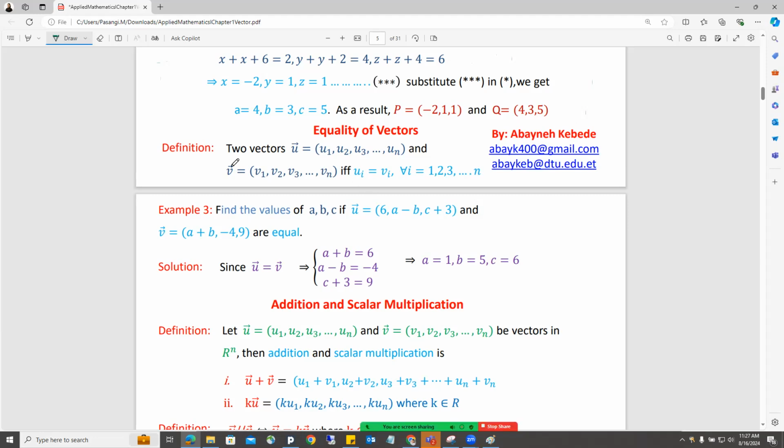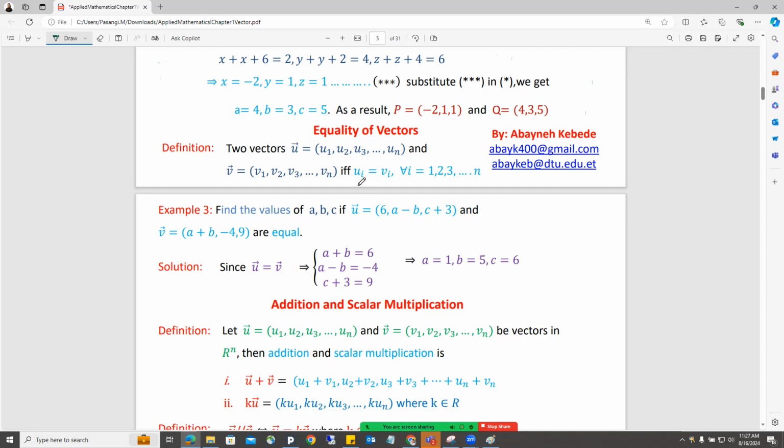So here the definition of two vectors. They have defined these two vectors u and v, where for u they have taken n arbitrary spaces, and for the vector v also they have considered n arbitrary spaces.